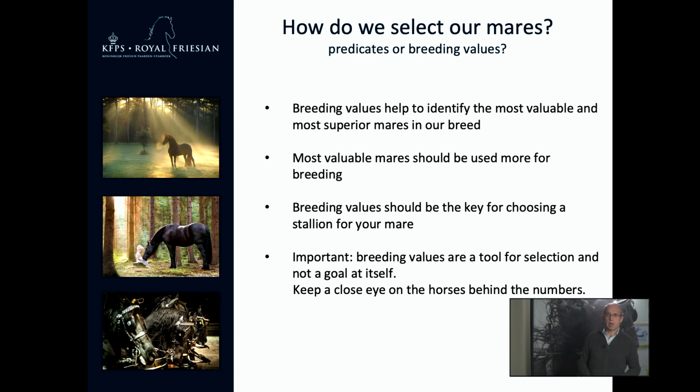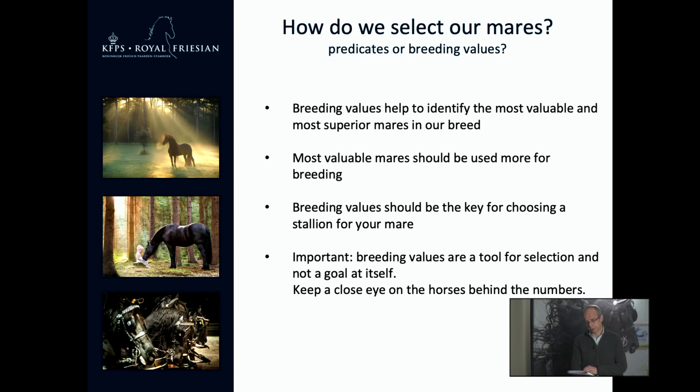And how we could apply these lists, these top rankings of mares, is that we use our valuable mares for our breeding program, and we would like to use them a little more. For instance, by applying embryo transfer, especially for the mares in the top list, you would like to have more than one offspring a year in order to have a higher genetic progress.